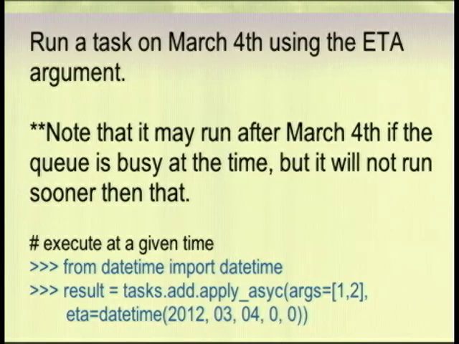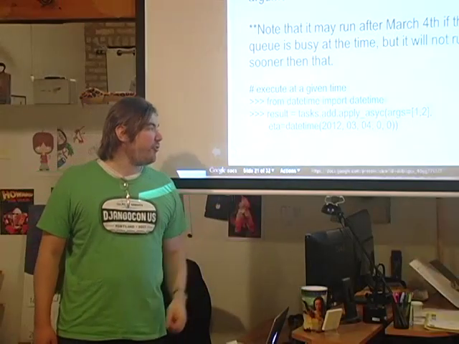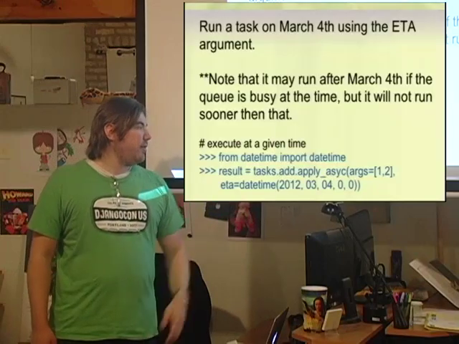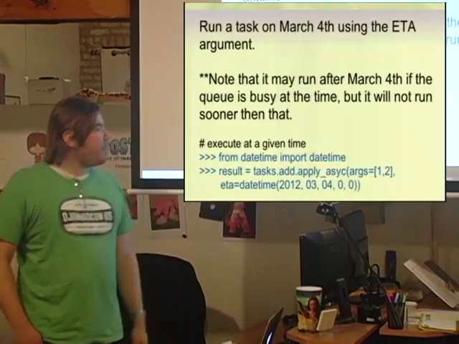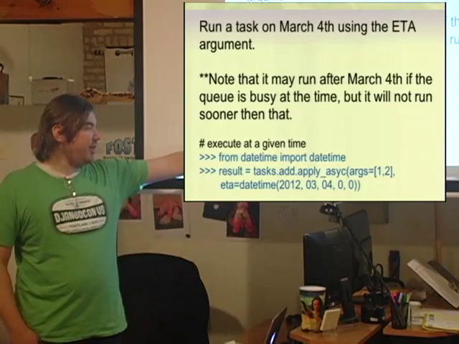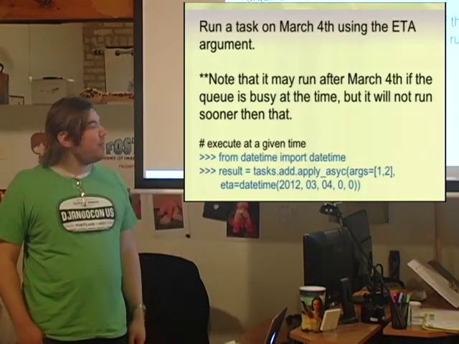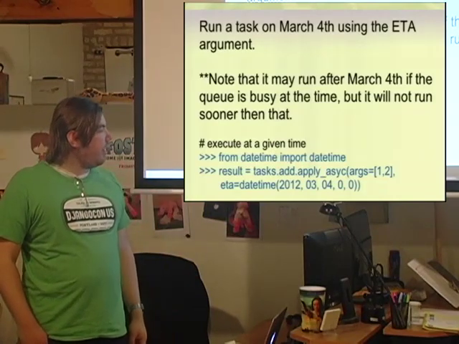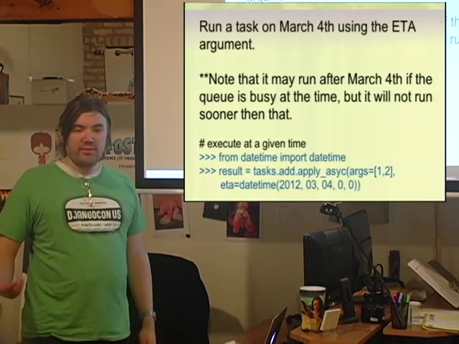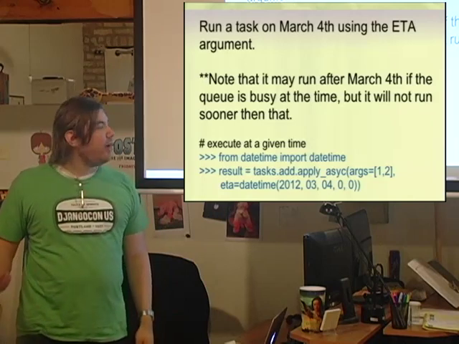Here's an example of running a task at a specific time. If you want to run a task on March 4th, 2012 at midnight, you can pass the ETA argument to the apply async method, and it will sit on the schedule until that time and execute.